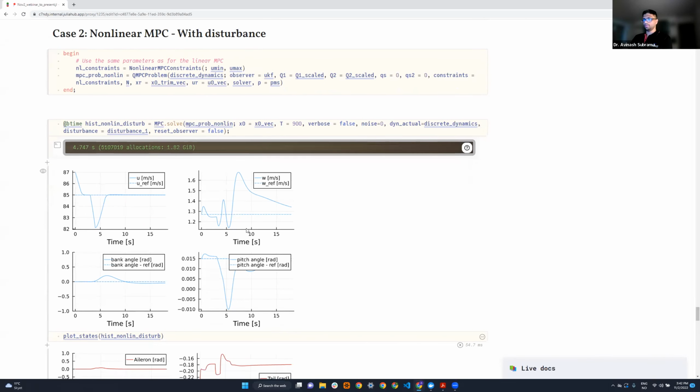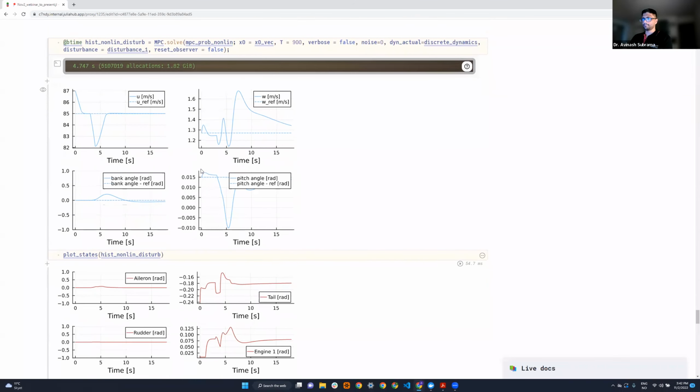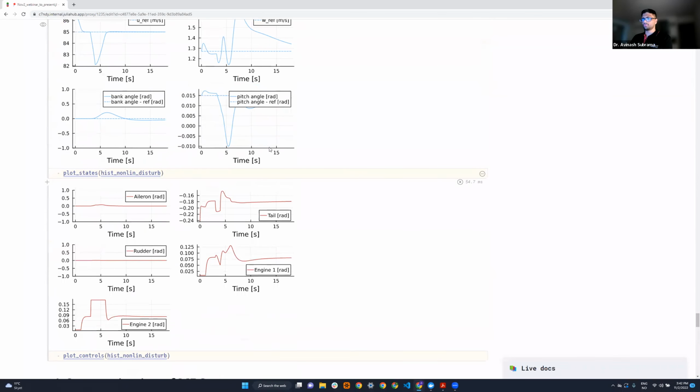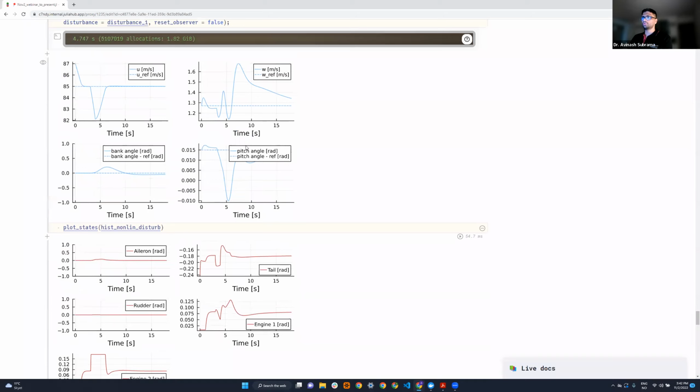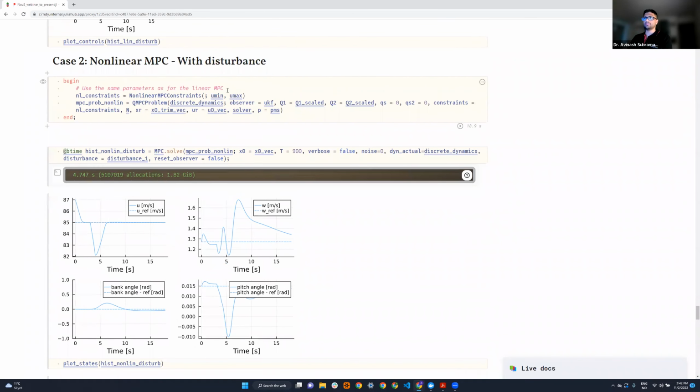Here the trajectories of states and the controls are very similar to what we got with the linear MPC. It takes a bit longer than the linear MPC, again, because this has all the additional machinery for solving a full nonlinear problem.